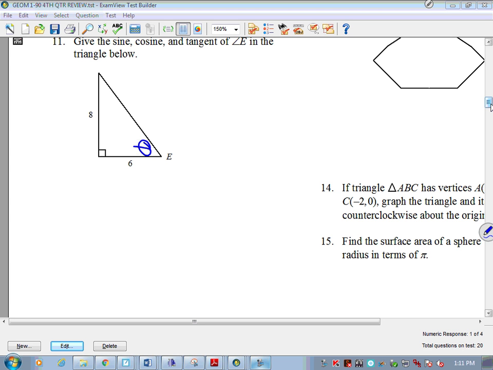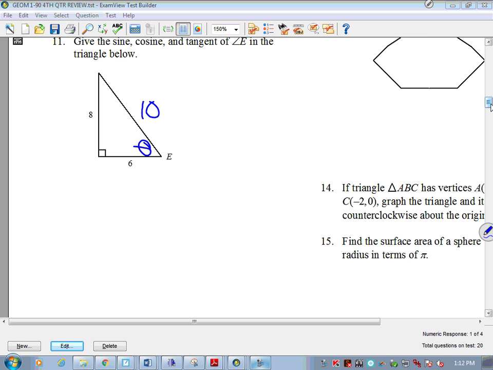Now, the nice thing about this is that it's based upon a Pythagorean triple, 3, 4, 5. If I divide everything by 2, do I still get 3, 4, 5? 6 divided by 2 is 3. 8 divided by 2 is 4. So what's 5 times 2? 10. So I should get 10 here.